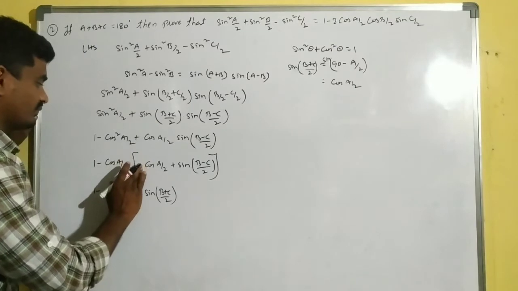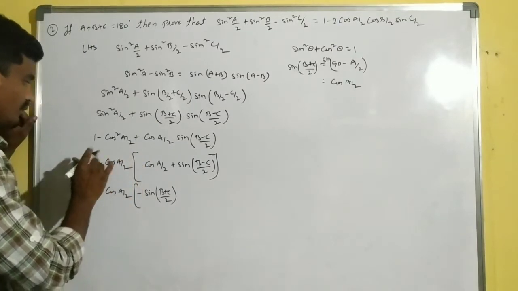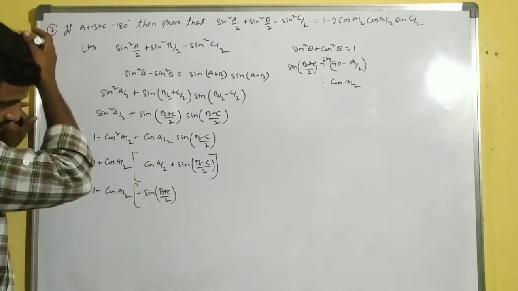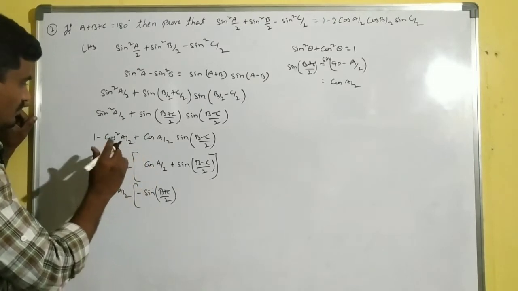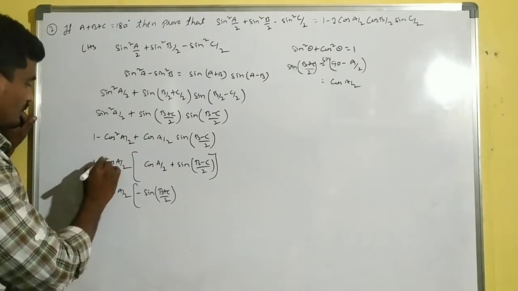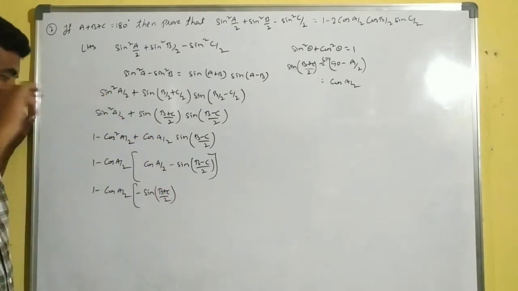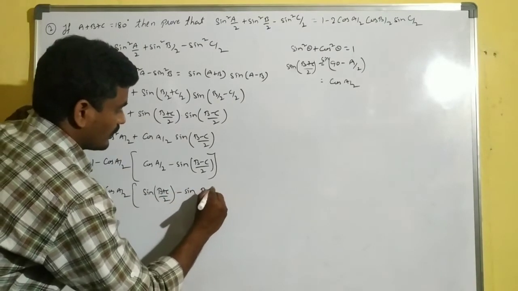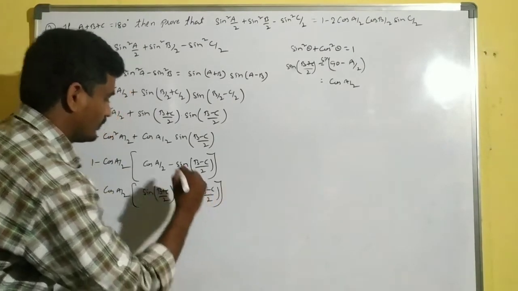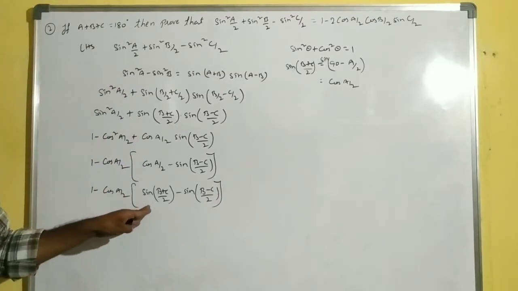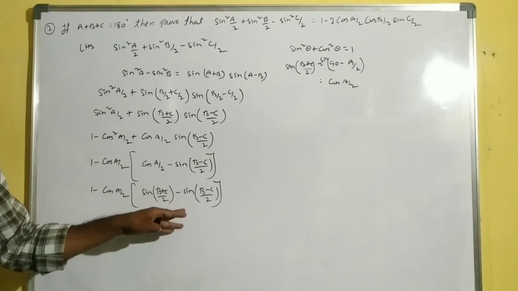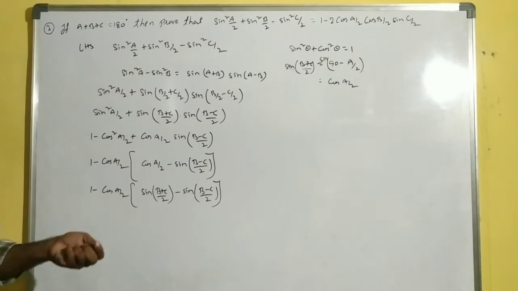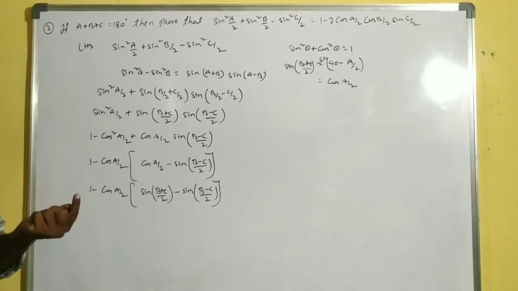Actually when I take common here plus cos square a by 2, here we get minus actually, b minus c by 2. Now observe, it is like sin b by 2 plus c by 2 minus sin b by 2 minus c by 2, like the form sin of a plus b minus sin of a minus b.